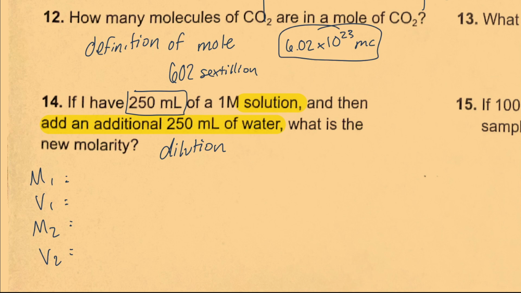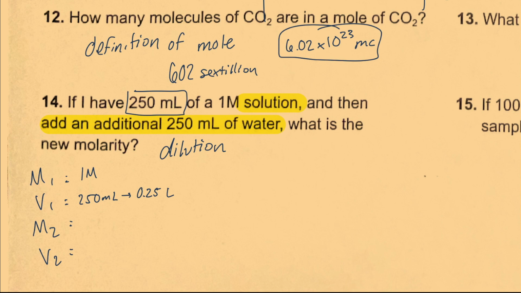So my volume is 250 milliliters. You can convert that to 0.25 liters if you like. But actually on dilution problems, you don't have to convert to liters if you don't want to. My original molarity is 1 molar.